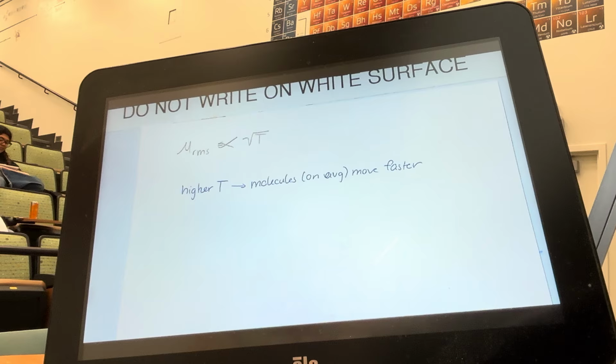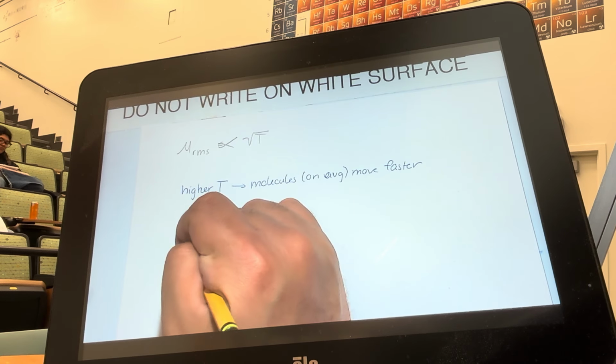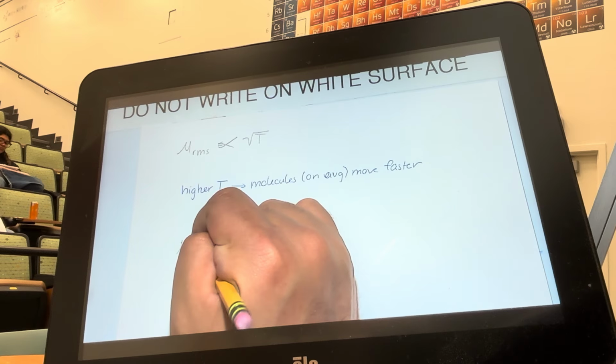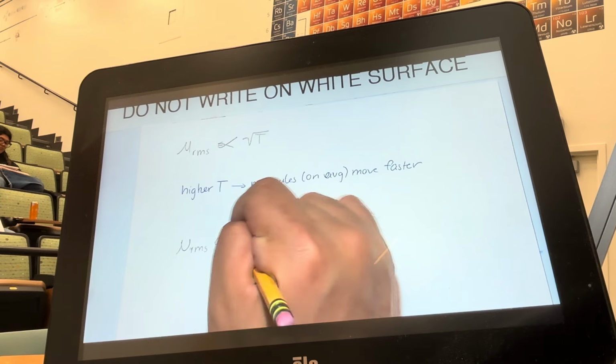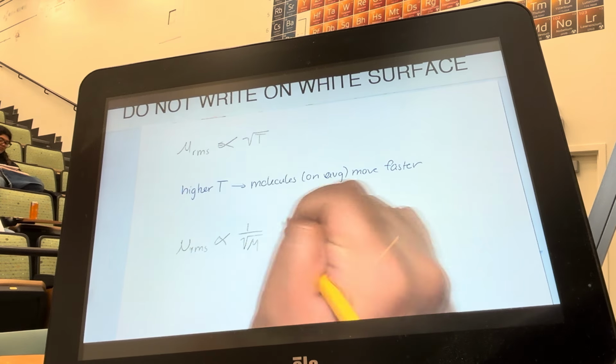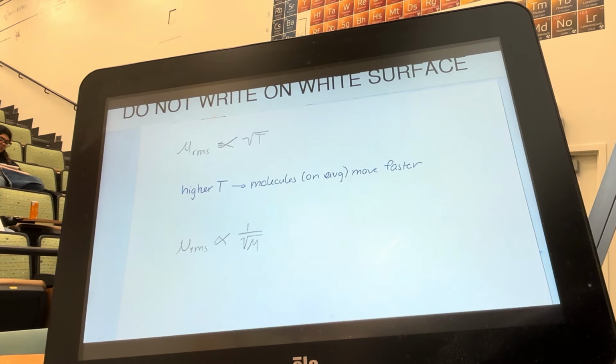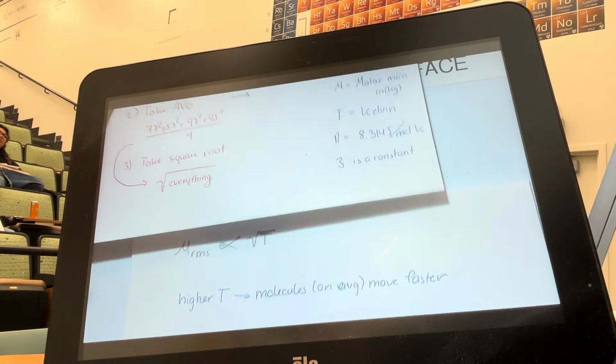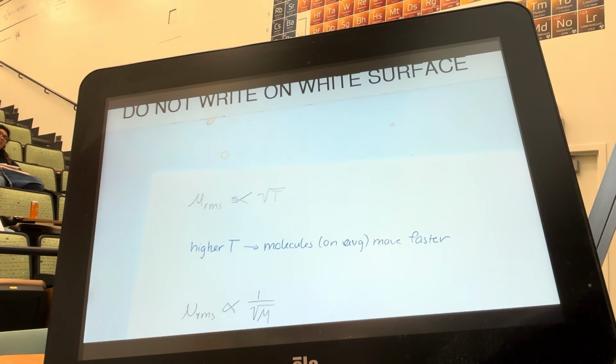But not only that, we know something else. The VRMS is proportional to 1 over the square root of the molar mass. We got that all from the math equation.